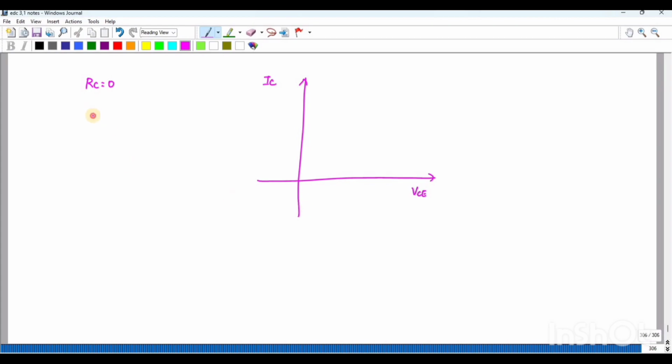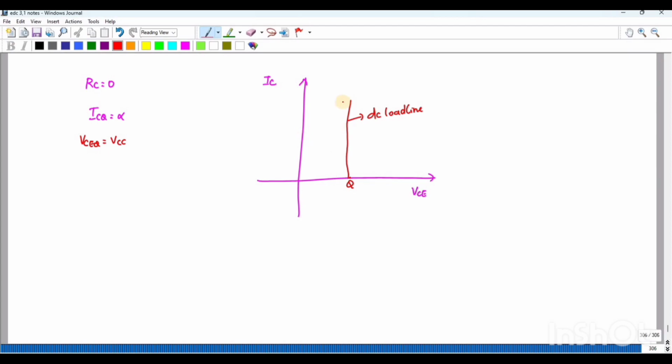Therefore the VCQ value is equal to VCC. So the Q point will be located here, and this is your DC load line, since the ICQ value is increasing.